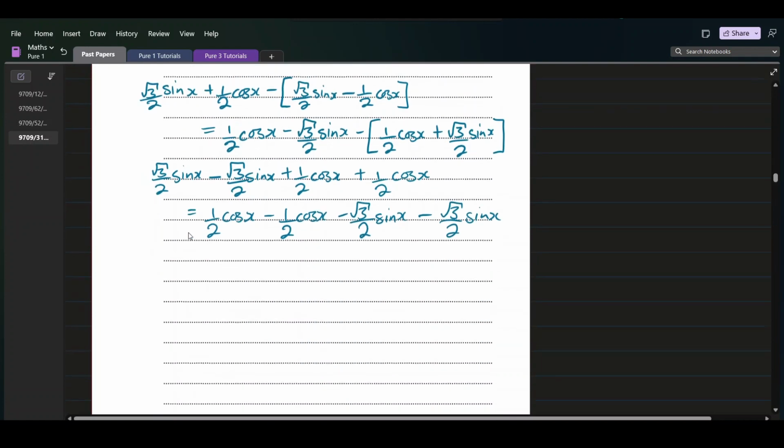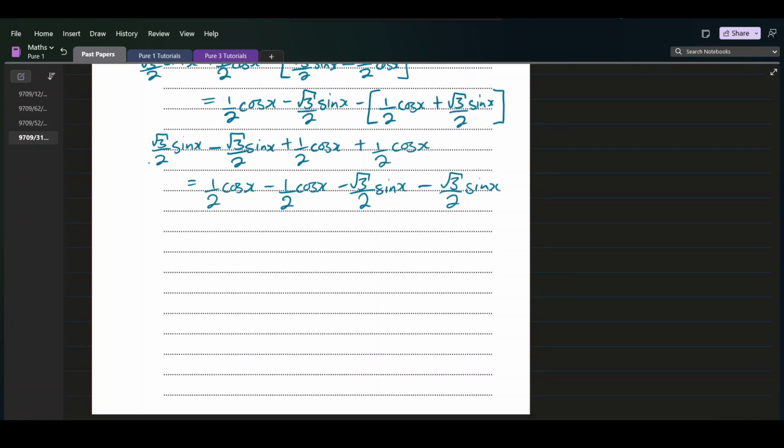And if we simplify, these two will cancel out and we end up with half cos x plus half cos x, which is simply cos x, and then this results in negative root 3 sine x.